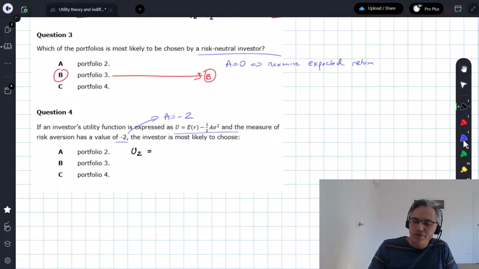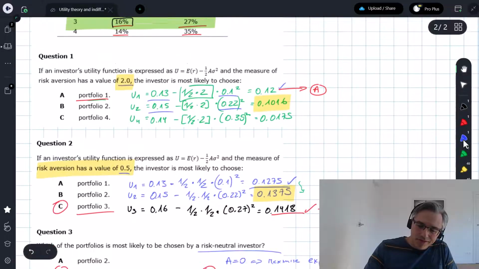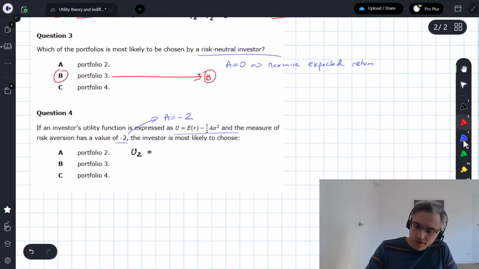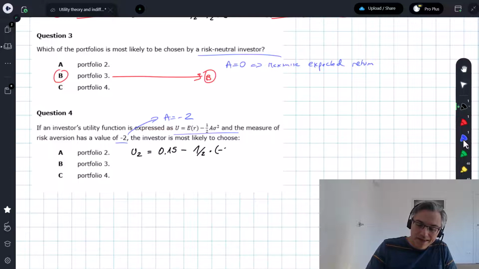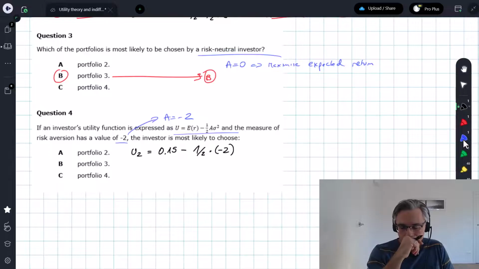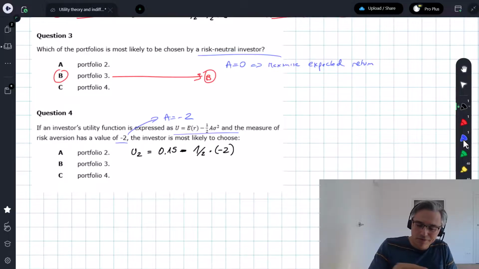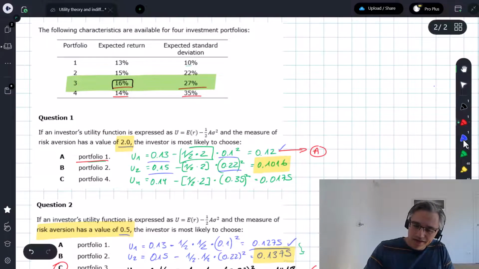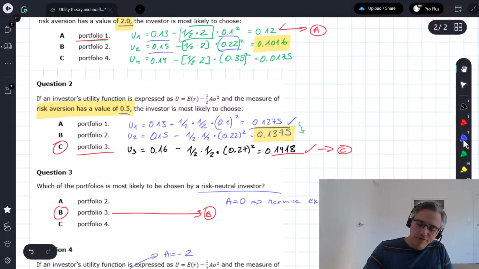The utility of portfolio 2, its expected return was 15 percent to start with, minus half times -2, right? So this will become a -1, which in combination with the minus, which is already in front, will give a +1, times 0.22. That was, let me just check again, yes, the standard deviation for portfolio 2's returns.